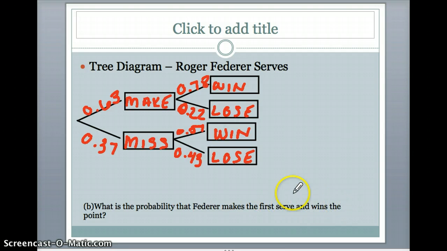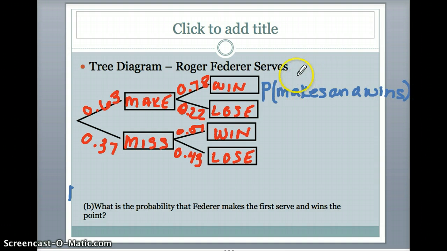Okay. And then the next question is going to ask us, what is the probability that Federer makes the first serve and wins the point? So now we are looking for, let me just change colors. Okay. So we are looking for, to use our general multiplication rule. So we're looking for the probability that he will make his first serve and win the point. So I'm going to shorthand this and say makes and wins.